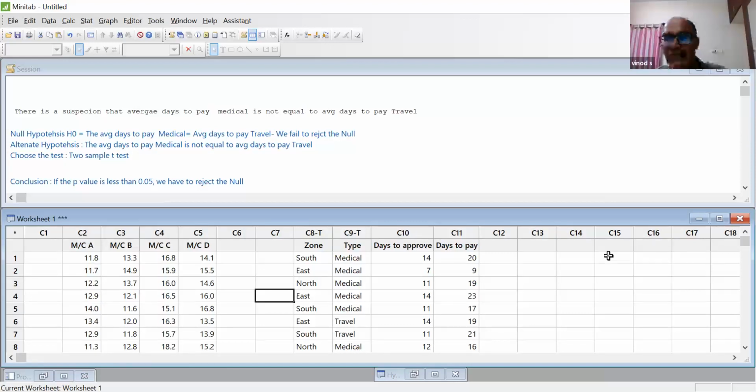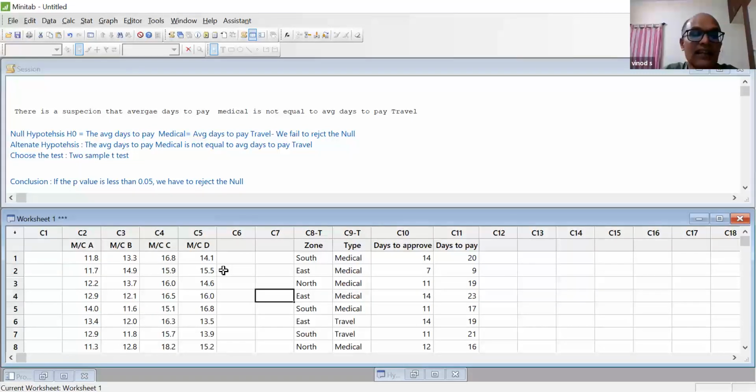Yes, you're right. The normality test means the data follows a normal distribution, right? Generally, if the data follows a normal distribution, your prediction will be very good. If the data doesn't follow it, you can still do it, but the prediction may be erroneous. So it is always better to meet all these assumptions. The first assumption is that the data should be normal.